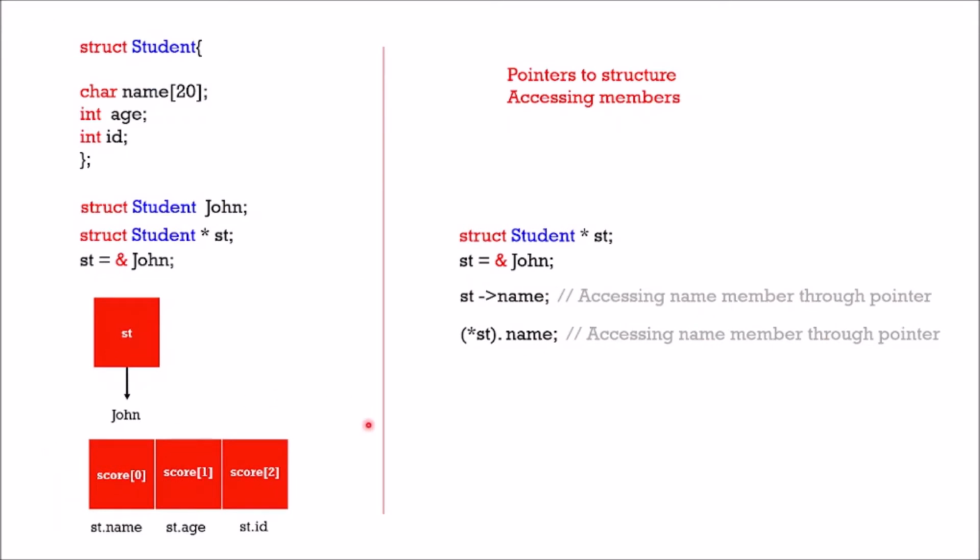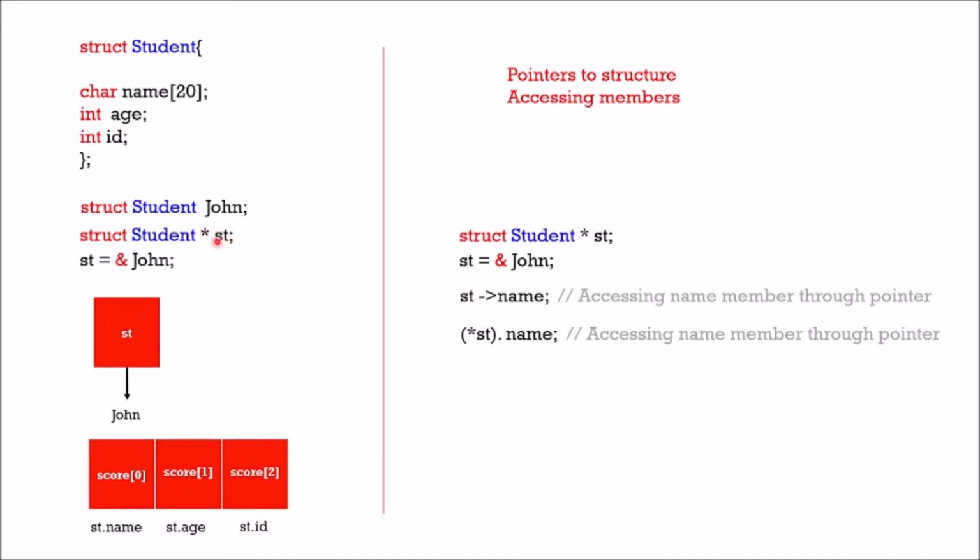Alright, let's now review the concept of pointer to structure. Here we have already the same structure student, and we are going to create a pointer to that type of structure. For that purpose, we will use struct student to specify the data type that we are pointing to, then the pointer operator, and then the name for that pointer.